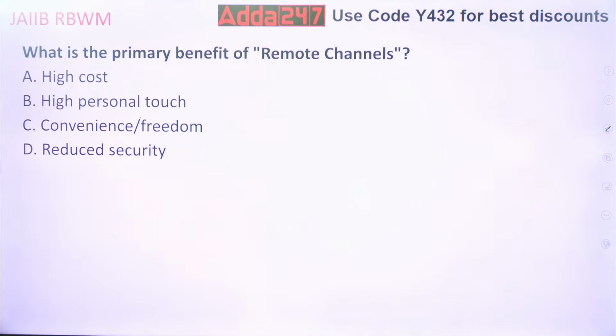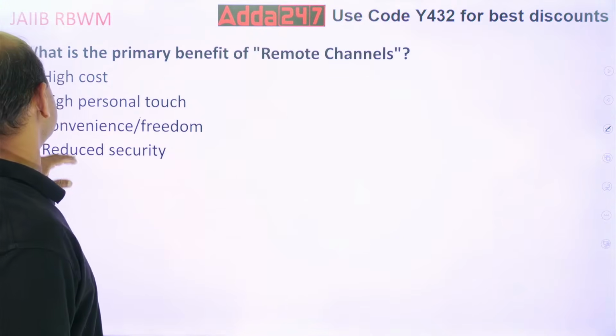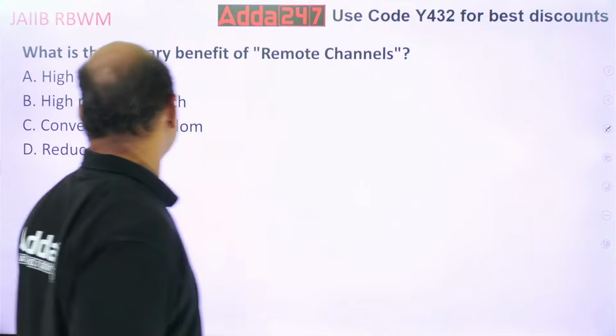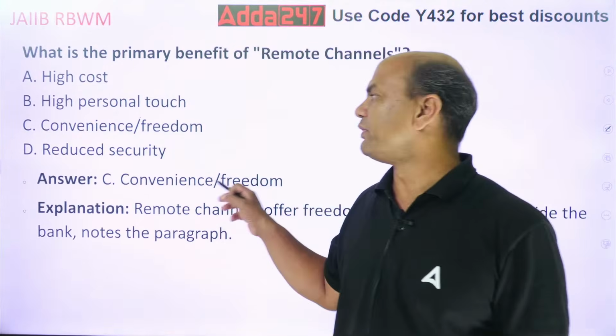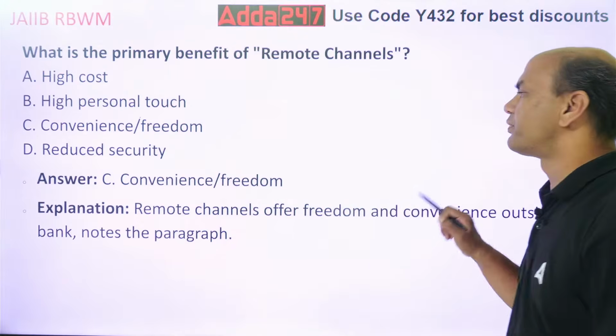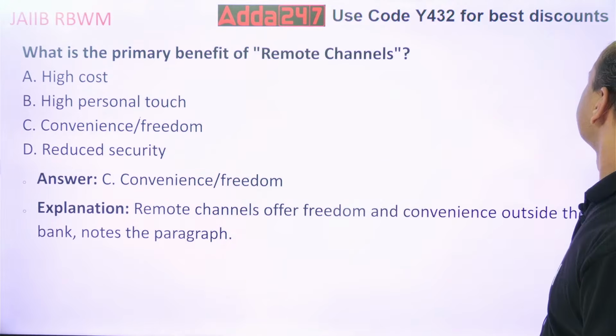The options are high cost, high personal touch, convenience and freedom, and reduced security. Obviously, C is the answer, right? Convenience and freedom. Remote channels offer freedom and convenience.